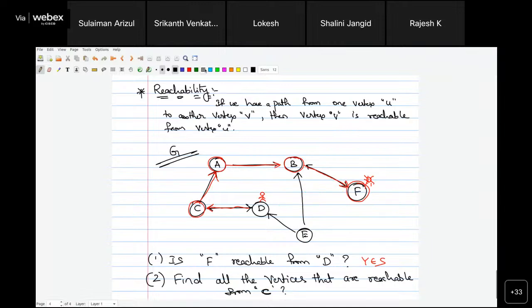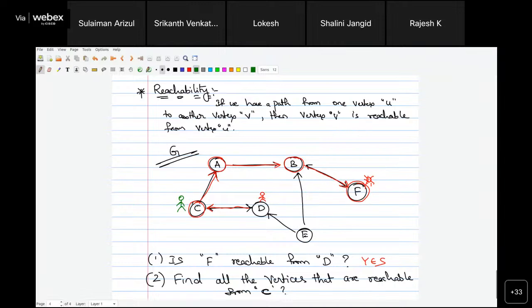So now you are at C. Right now you are not looking at one vertex's reachability. Instead you are looking at where all can I go. If I am at C, which other vertices can I reach? So what will be the answer?